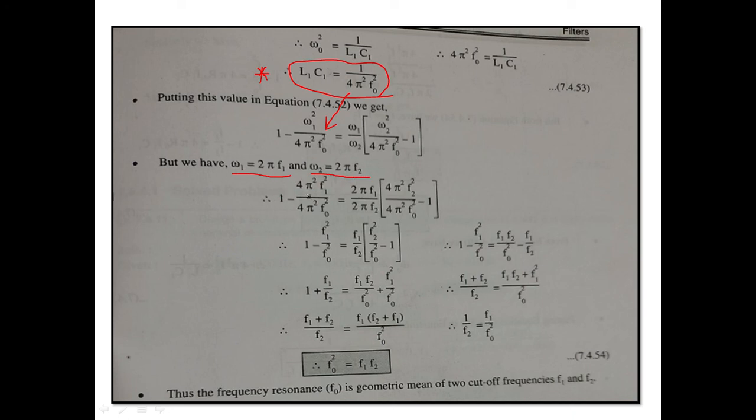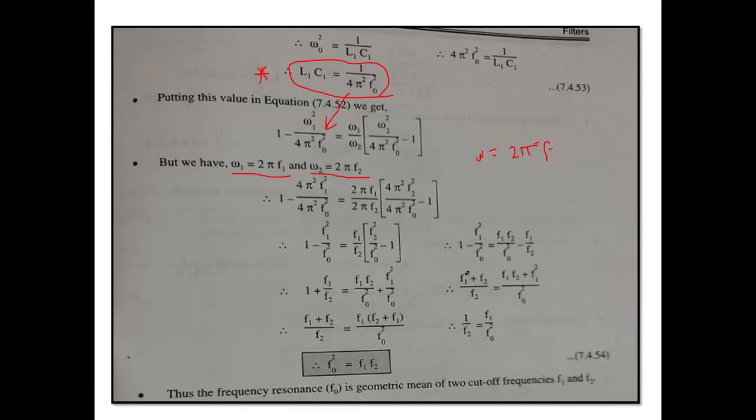So what we do here: 1 - 4π² f1²/(4π² f0²) is equal to (2π f1/2π f2) times (4π² f2²/(4π² f0²) - 1). Basically we convert ω to 2π f, so this equation is formed.